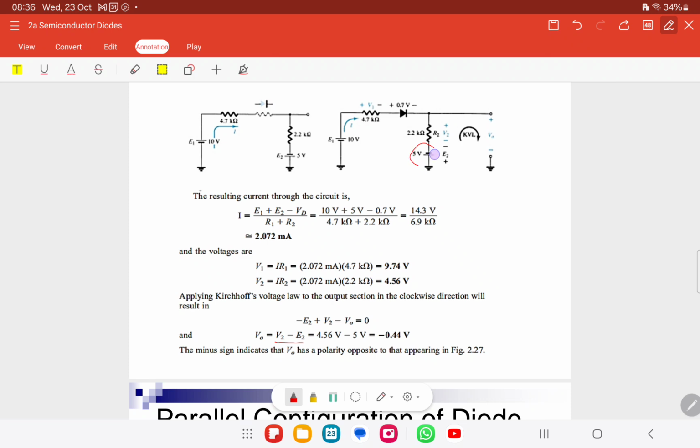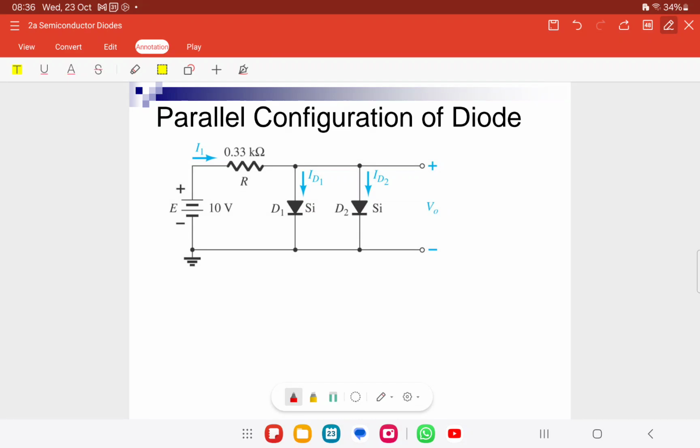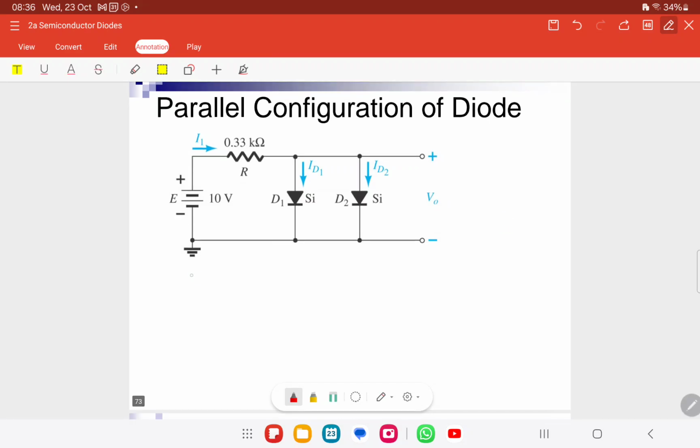Voltage source yang ni. Alright. For the silicon is 0.7 kan, built-in potential voltage dia. For germanium 0.3.